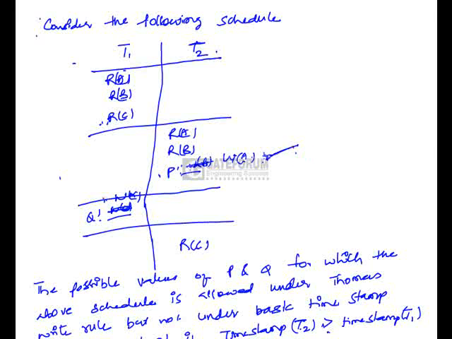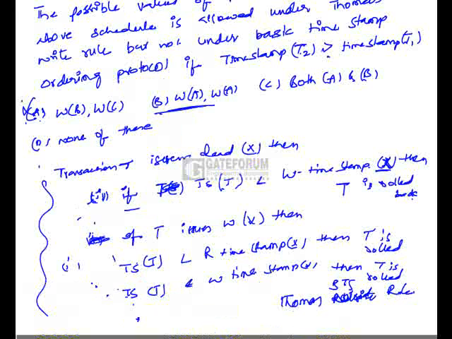Now let us come here. The timestamp of transaction T1 is compared with the write timestamp of A. That means the timestamp of T1 is less than the write timestamp of A, because the write timestamp of data item A would be the timestamp of T2, the most recent transaction which performed a write operation on A. So this falls under this condition.